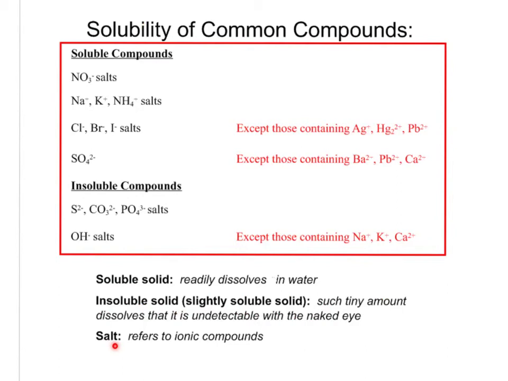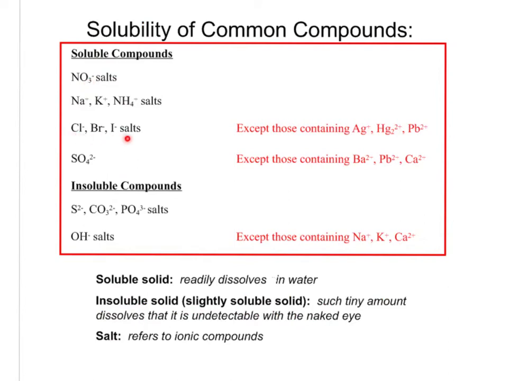So let's look at solubilities here. First listed are some soluble compounds. All of these compounds are soluble. These are the exceptions, okay? So nitrate salts. Any compound that has a nitrate ion in it is generally soluble in water. Here we have sodium ions, potassium ions, and ammonium ions. The salts that are made with those ions are generally soluble in water.